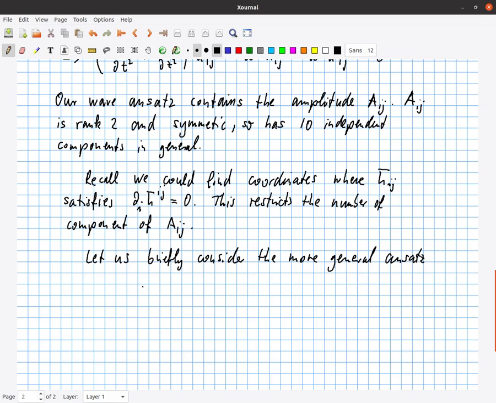So it makes sense not to start with the generic ansatz here: A ij, and I'm having all upper indices for a moment, cosine k s x s, where x s are just our usual coordinates t, x, y, z.